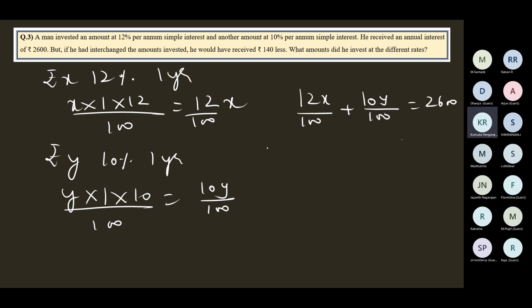So now it's easy to take the LCM. 12x plus 10y by 100 is equal to 2600. So 12x plus 10y is equal to, cross multiply, 2600 times 100, that is 260000. Is this understood?